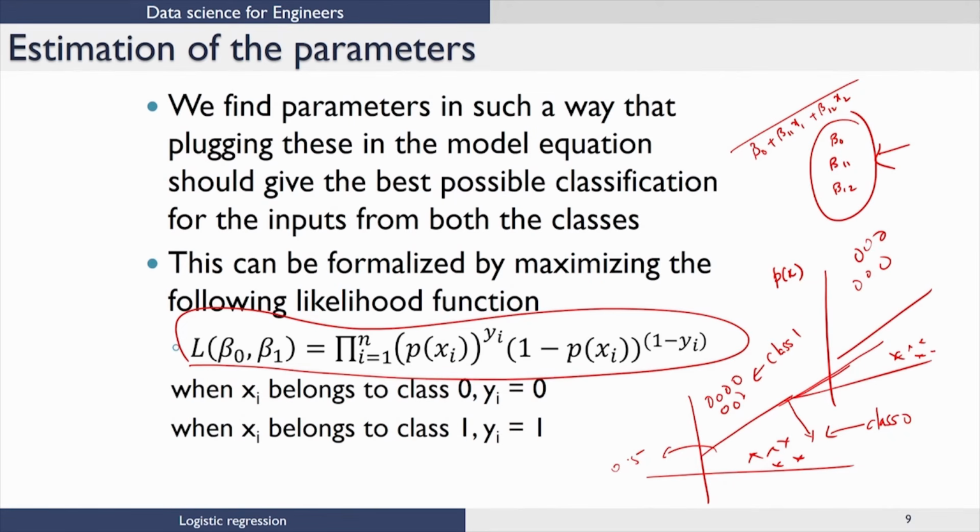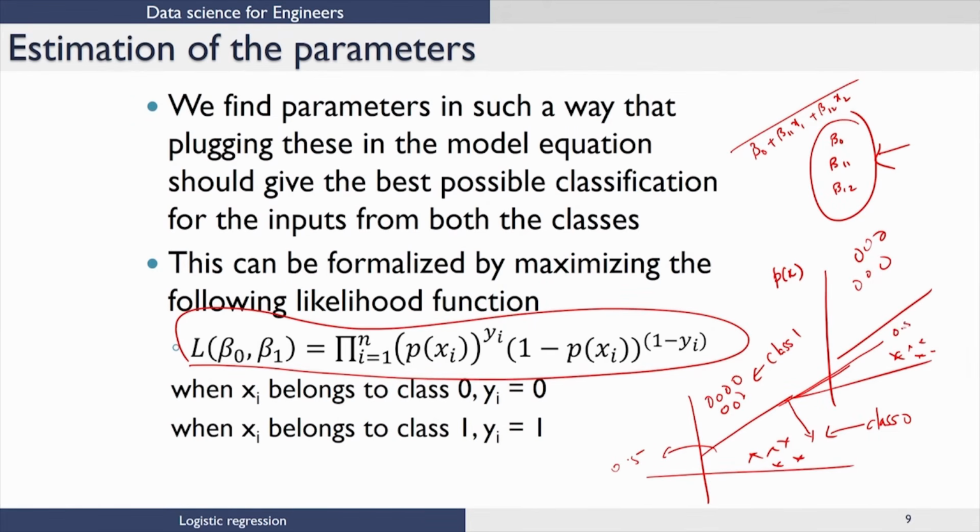The minute the probability that the data belongs to class 1 keeps decreasing, that automatically means, since this is a binary classification problem with only two classes, that the probability that the data belongs to class 0 keeps increasing.